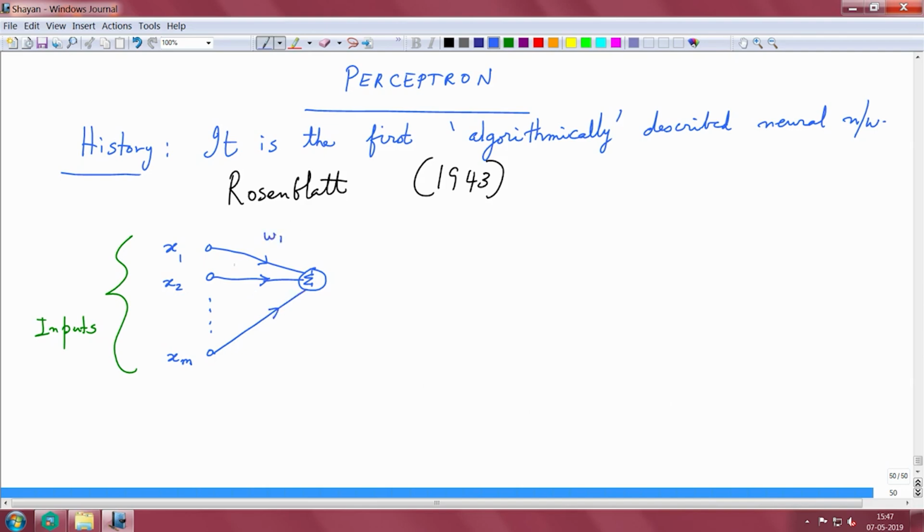Let us say these weights are W1, W2, so on till Wm, and we also have this bias.